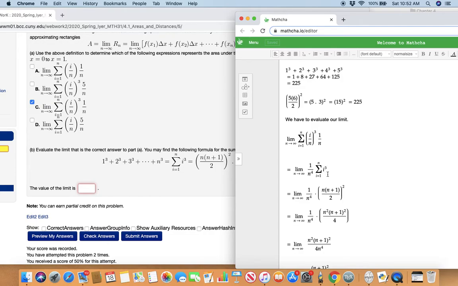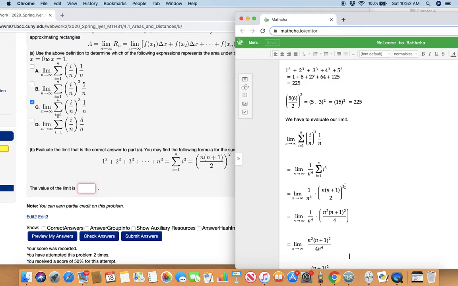But we just saw this is the same as this formula. So I will replace this summation, i going from 1 to n of i to the power 3, by the formula. Okay. And I'm going to take the limit.